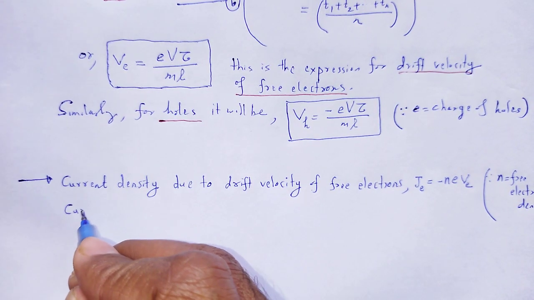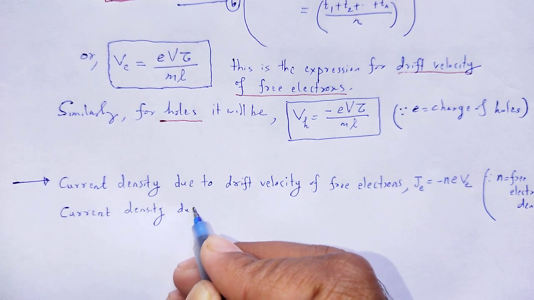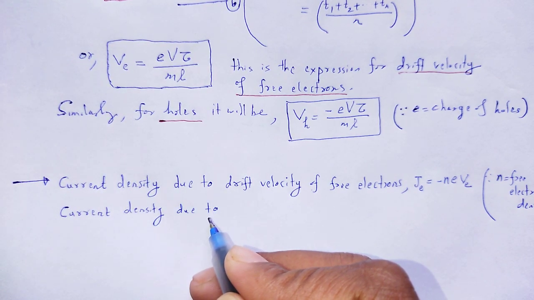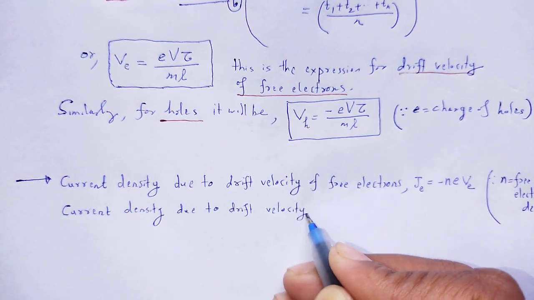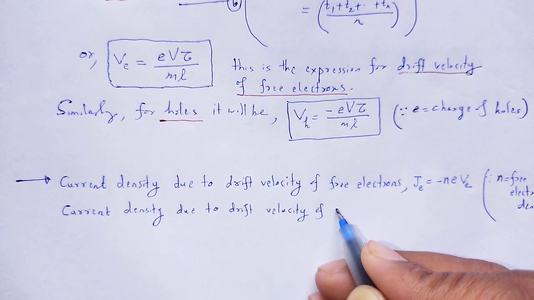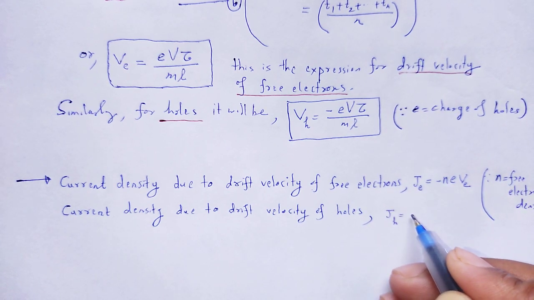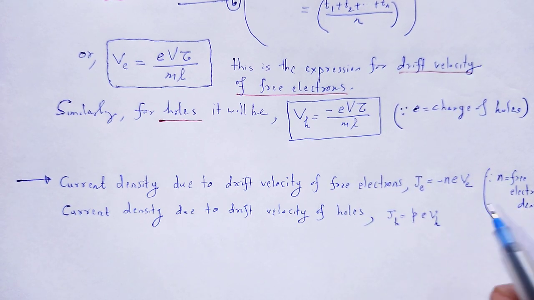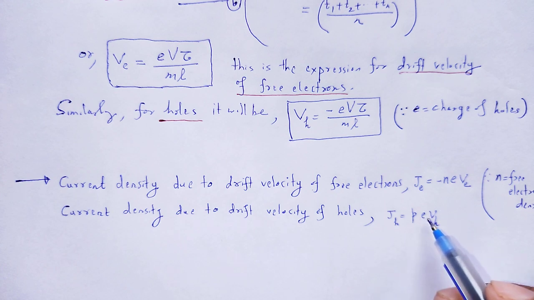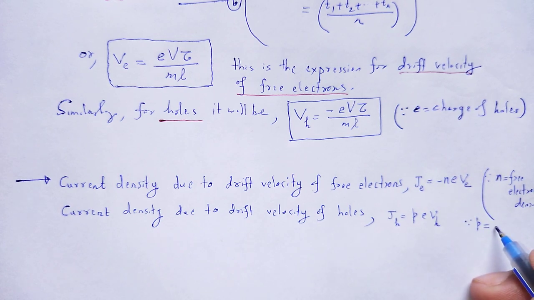Similarly, the current density due to drift velocity of holes, J_H, is equal to p e V_H: V_H the drift velocity of holes, e the charge of holes, and here the term p stands for hole density.